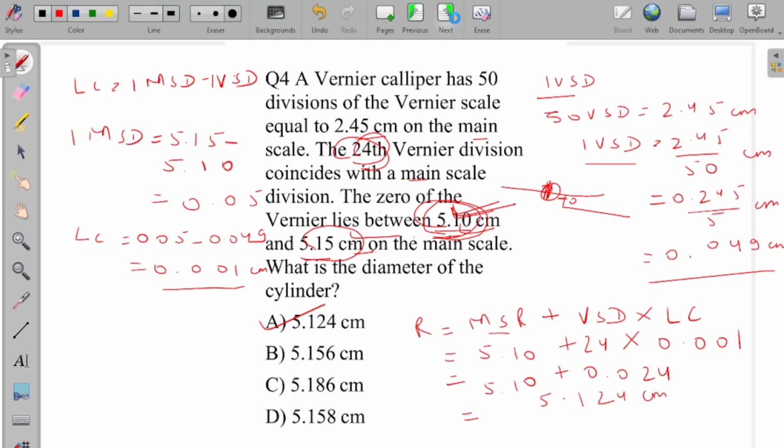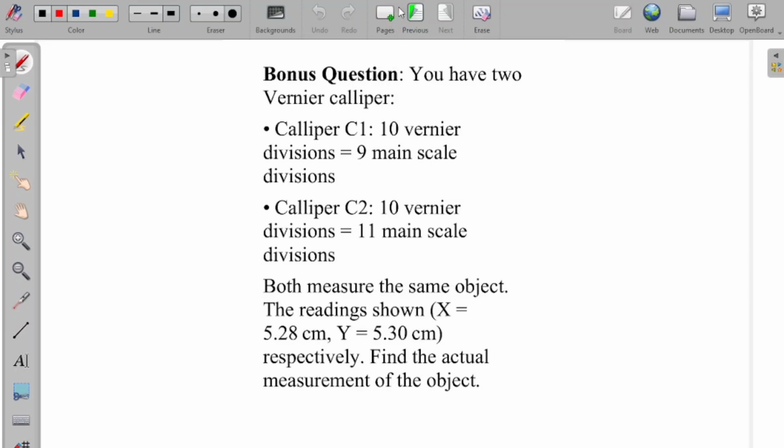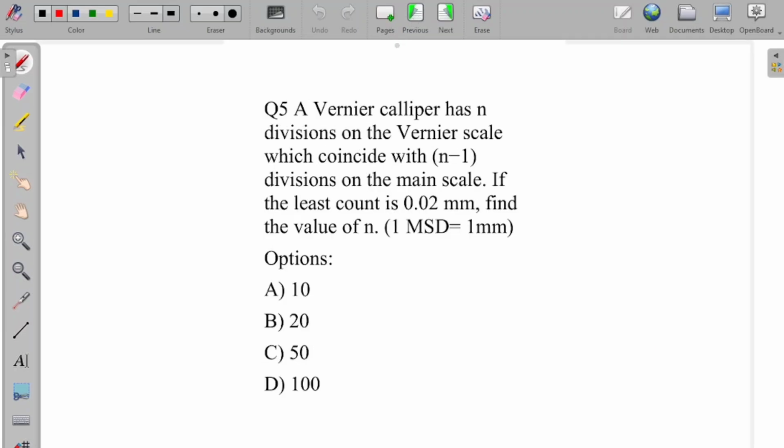Now last question, question number 5. A vernier caliper has n divisions on the vernier scale, which coincide with n minus 1 divisions on the main scale.